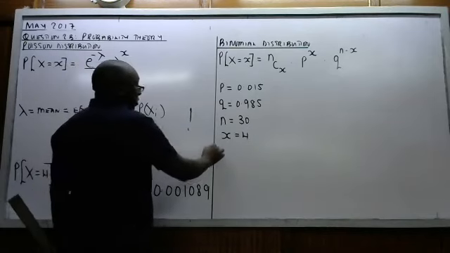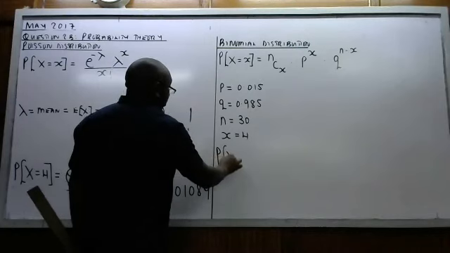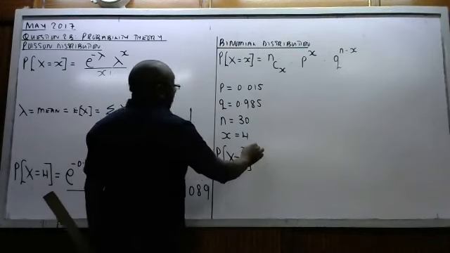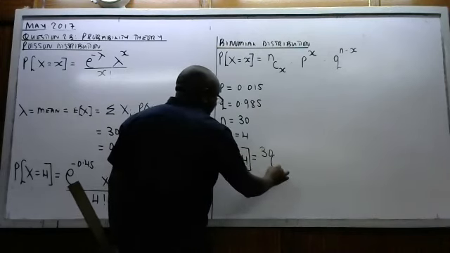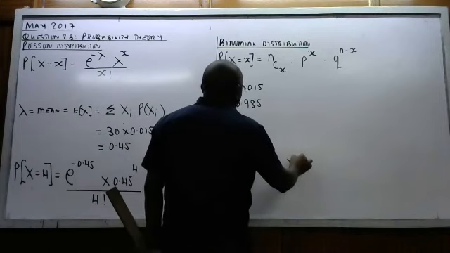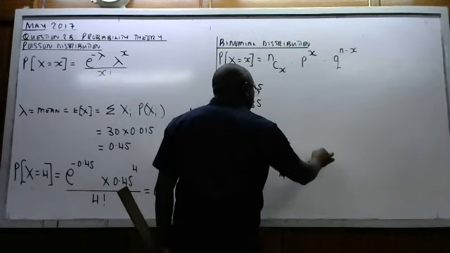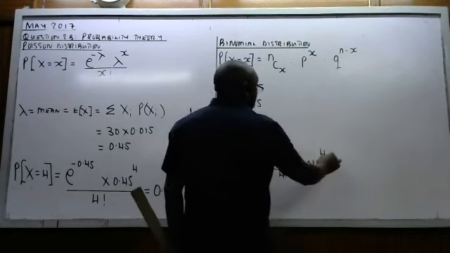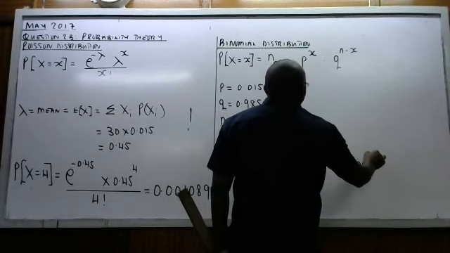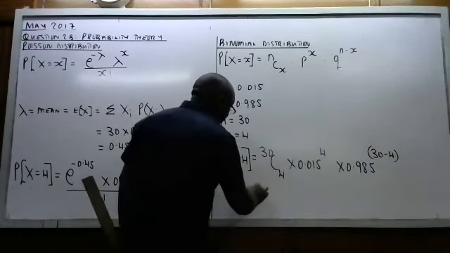Therefore probability that x is 4, we are going to have 30 combined 4 multiplied by 0.015 raised to power 4 multiplied by 0.985 raised to power 30 minus 4, that is 26.